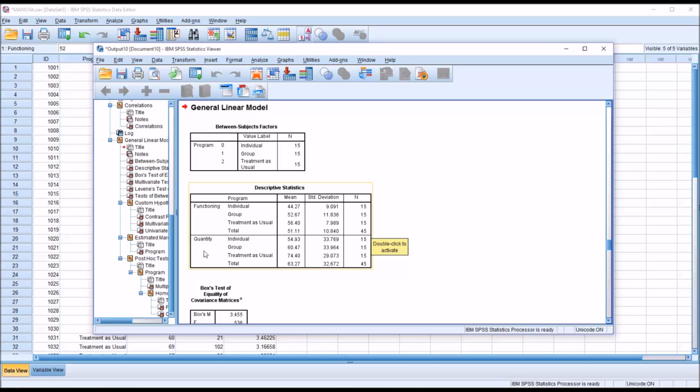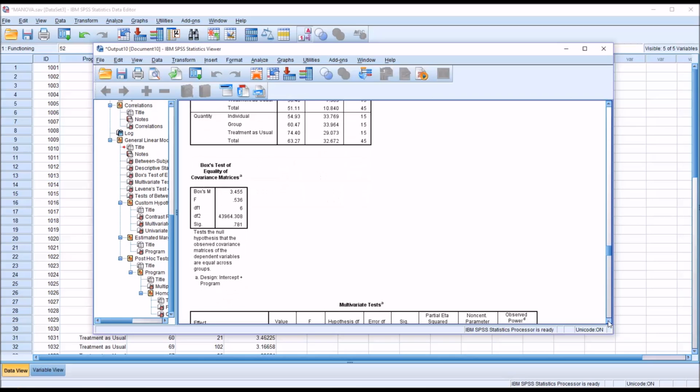And then for quantity of alcohol consumed during the month, we can see that individual, again, is the lowest. Group is lower than treatment as usual, but not quite as low as individual. And then, of course, treatment as usual is the highest. And of course, remember, this analysis is based on fictitious data.